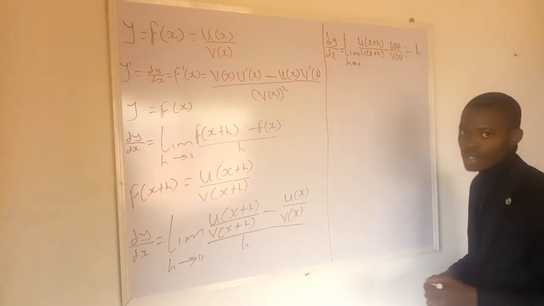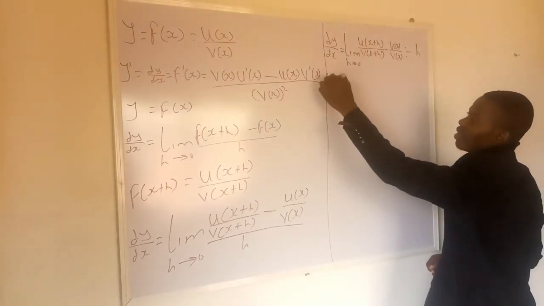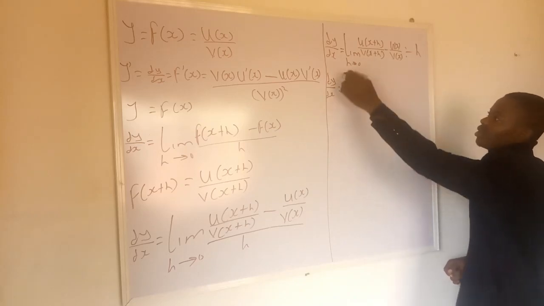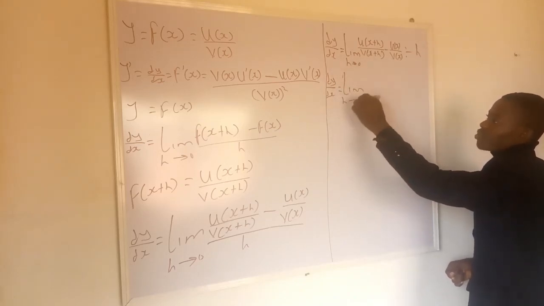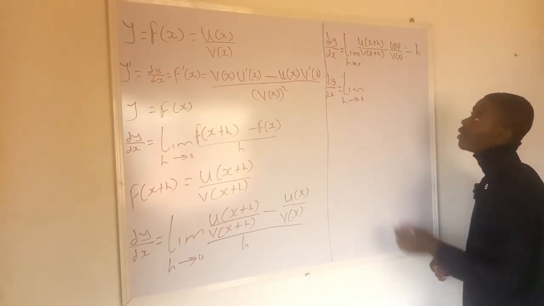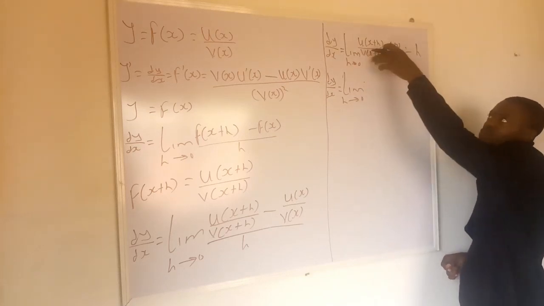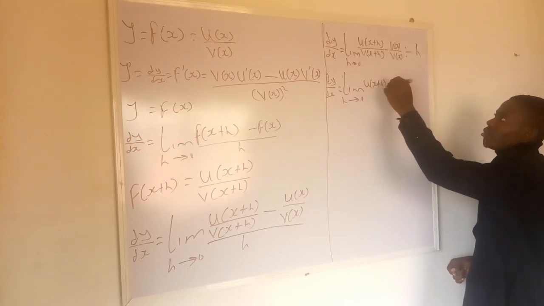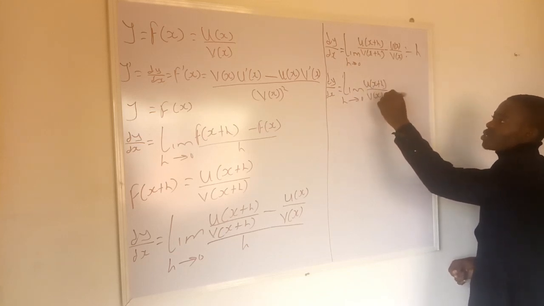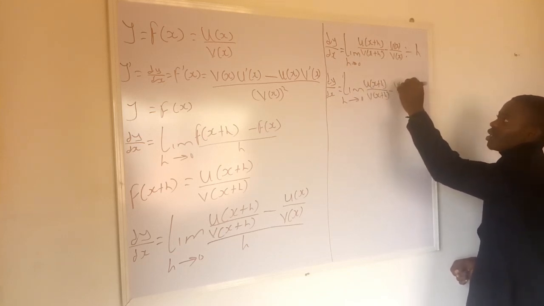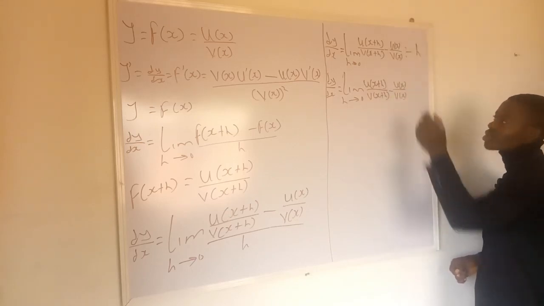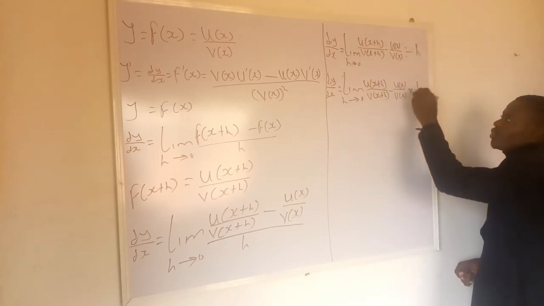That's just divided by h. Perfect. Now, simplifying forward, let's continue. The limit as h approaches 0, then we keep this first fraction, u of x plus h divided by v of x plus h, minus u of x divided by v of x, then we change this sign to product times, then we flip this one over h.